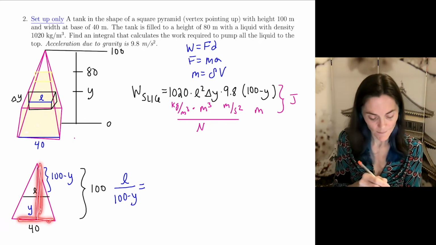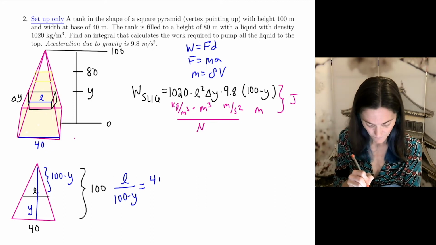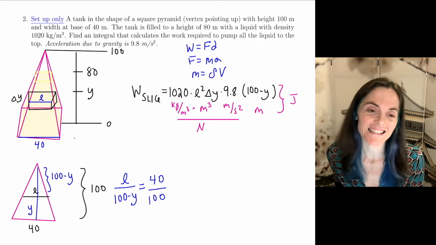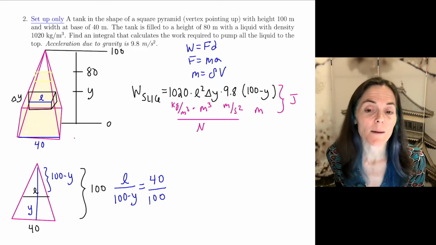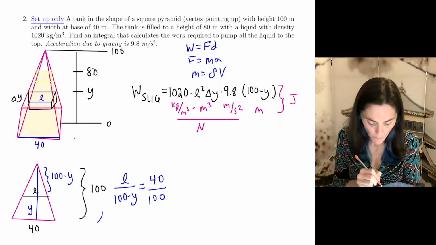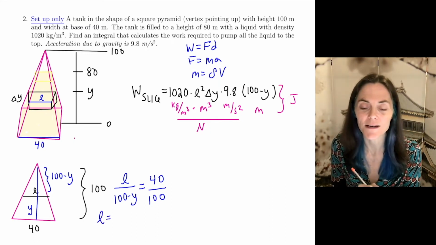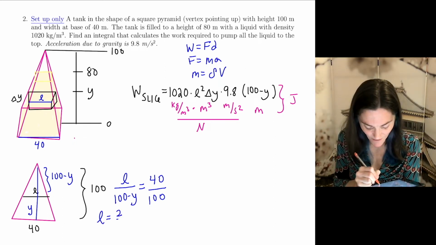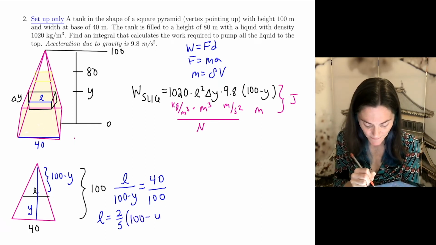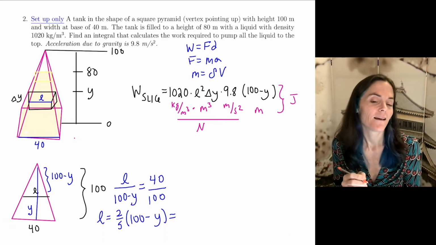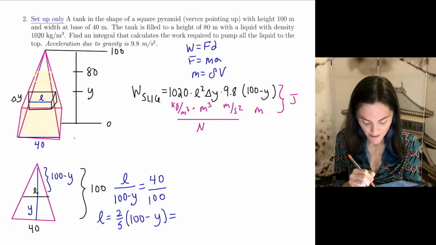So 40 divided by 100. This is the setup. Now I'm trying to solve for L in terms of y, and so I can just multiply through. We have L is, well, 40 over 100 is the same as 4 over 10, which is 2 over 5. So I have 2 over 5 times 100 minus y, which is, let's see, 40 minus 2/5 y.